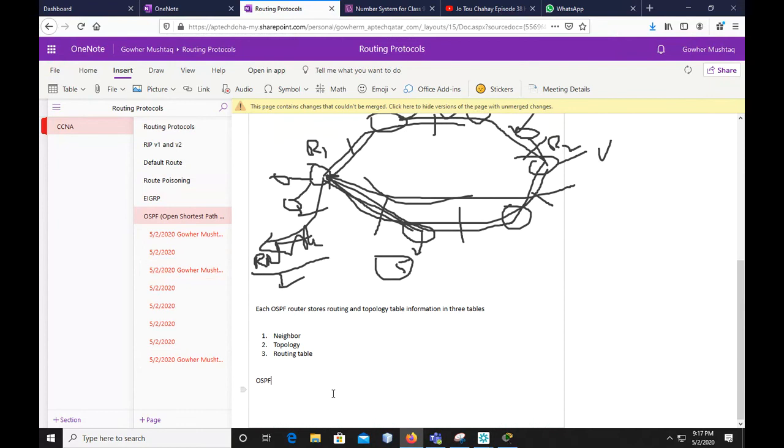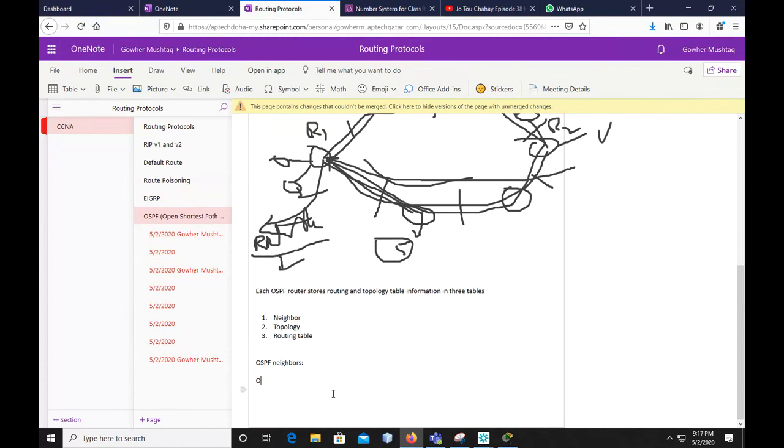Now, talking about OSPF neighbors, how is a neighbor relationship established in OSPF?